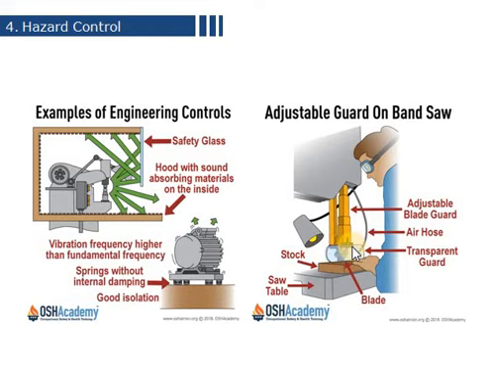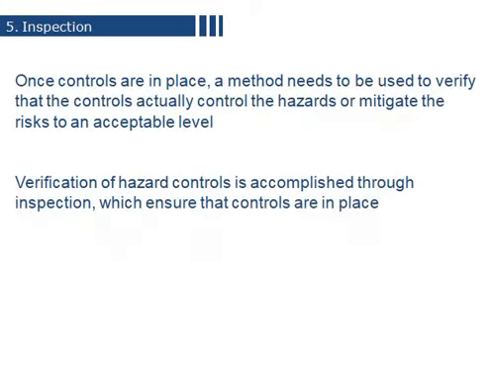Also, we have the goggles. He's wearing the goggles and he's having proper lighting. So these are guards that can be used to help people who are working become more isolated from the different sources of hazards.